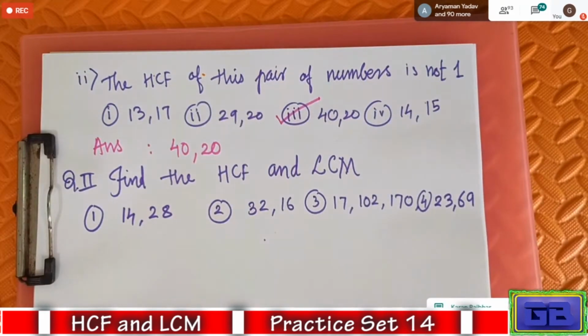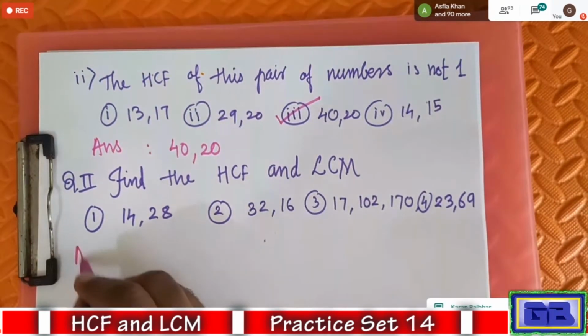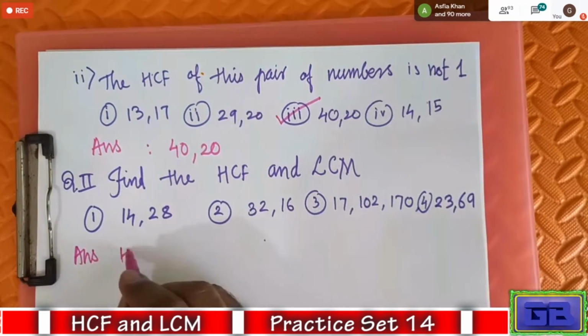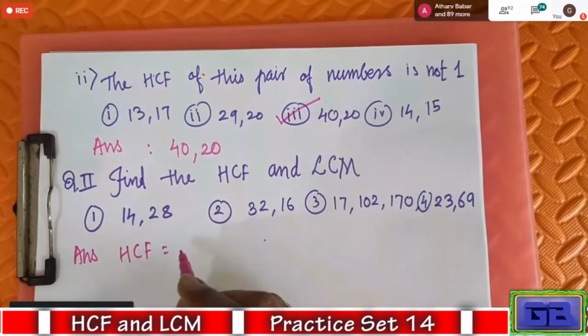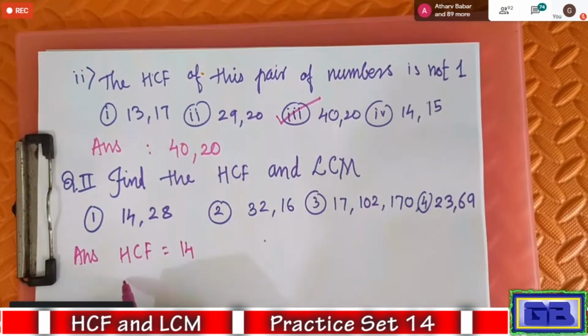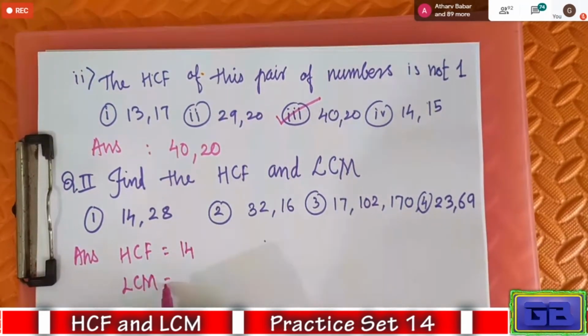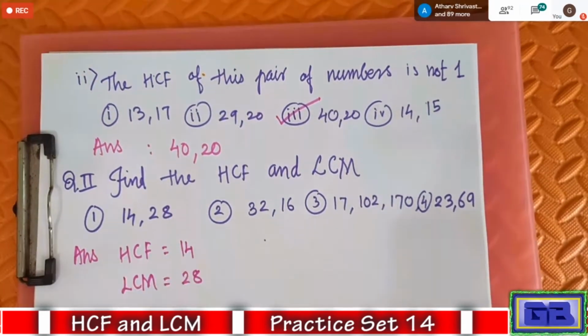Therefore, write down the answer. First write down HCF equals 14, LCM equals 28.